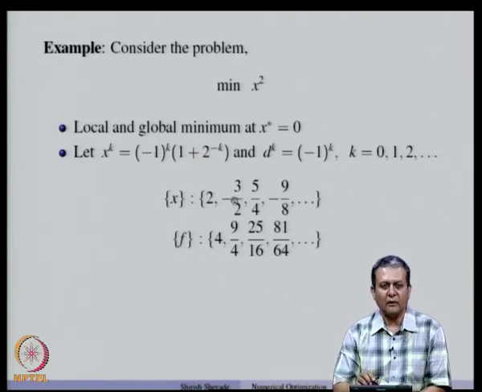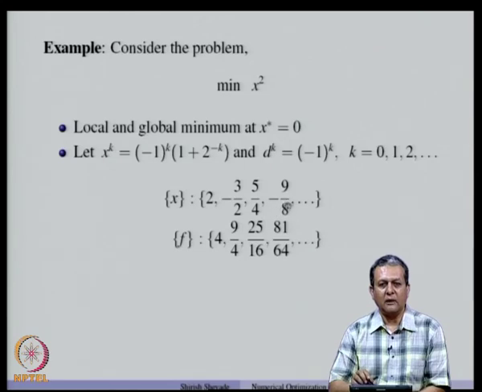So, x 1 equal to minus 3 by 2, then x 2 equal to 5 by 4 and x 3 equal to minus 9 by 8 and so on. Now, let us look at the corresponding function values at those x k's. We use the same function x square. So, f of x 0 is 4, f of x 1 is 9 by 4, then f of x 2 is 25 by 16 and so on.